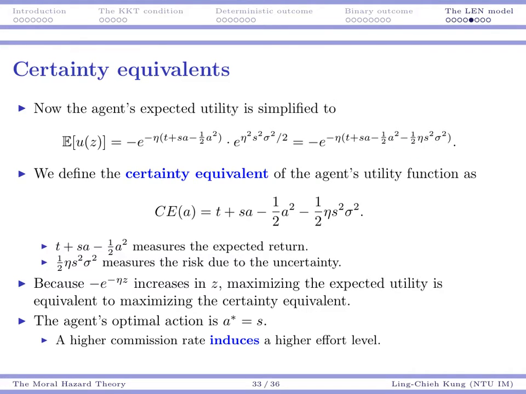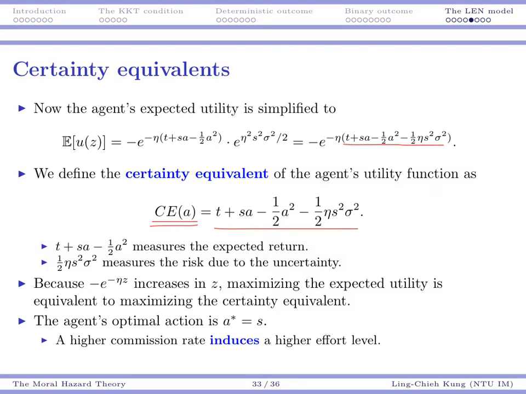Not a surprising thing because we know how to do that. Finally, we define something called the certainty equivalent of the agent's utility function as the exponent. We define the exponent as a certainty equivalent, as a function of the action.